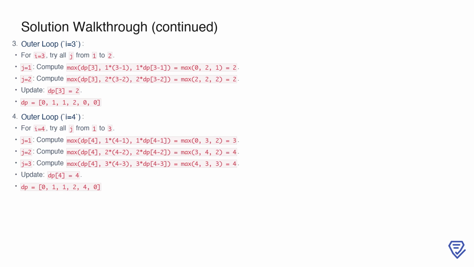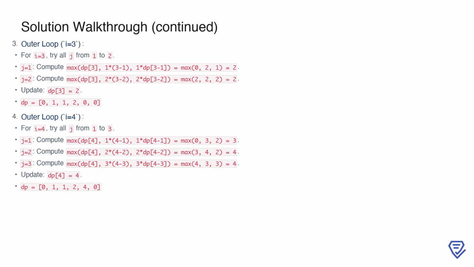Here, we try all possible splits of i by iterating over j from 1 to 2. For j equals 1, we compute max(dp[3], 1 * (3-1), 1 * dp[3-1]), which gives a result of 2. Similarly, for j equals 2, the calculation results in a maximum product of 2. Thus, dp[3] is updated to 2, and the array becomes 0, 1, 1, 2, 0, 0.